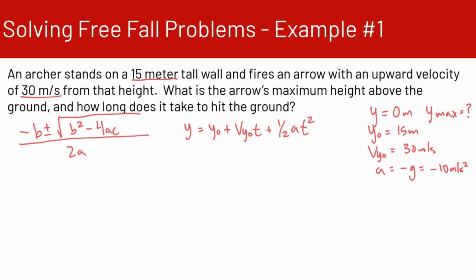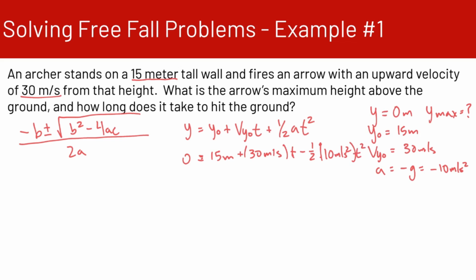Okay, so let's plug everything in here. So y is equal to 0, equals 15 meters plus 30 meters per second times t minus 1/2 times 10 meters per second squared times t squared.